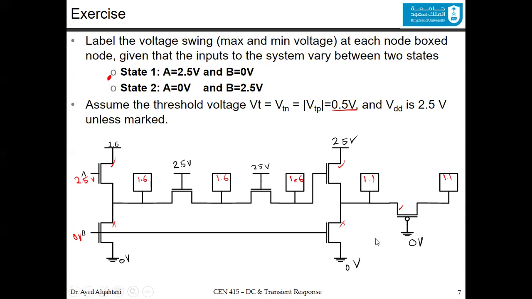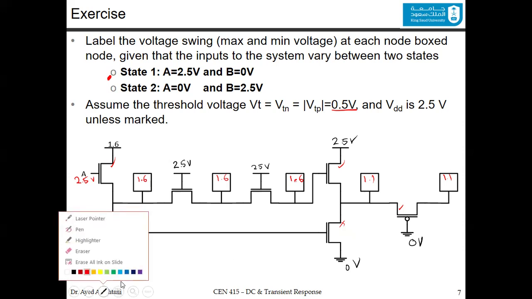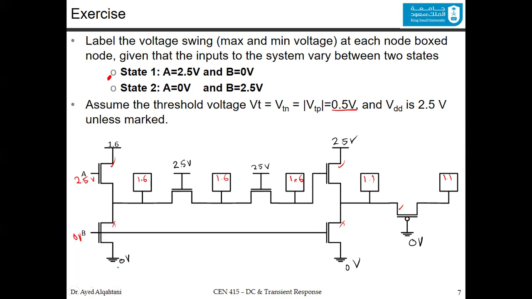Now let's have the other state. We'll change the color. Let's say it's green. So in this state, you have A equal to 0 volt and B equal to 2.5 volt. So in A, you have 0, and here you have 2.5 volt.